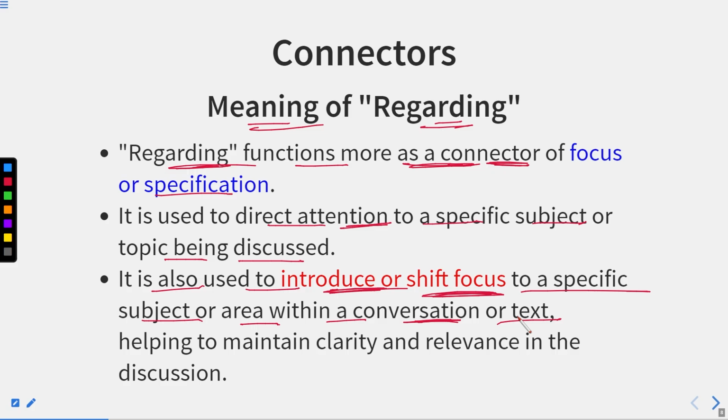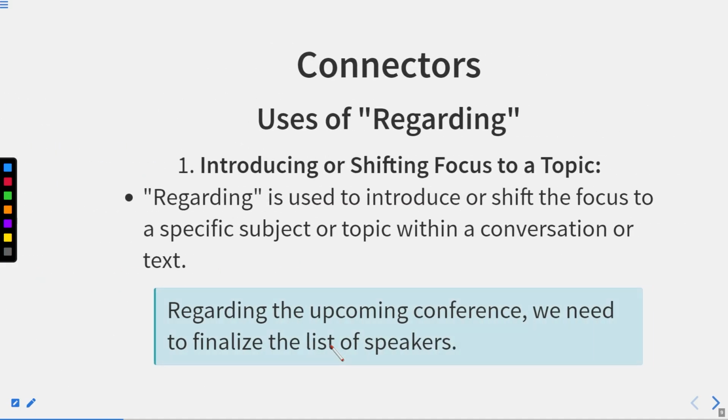That is the key point of the meeting, helping to maintain clarity and relevance in the discussion, so that everyone who joins the discussion keeps in mind that this thing has to be discussed in this meeting.